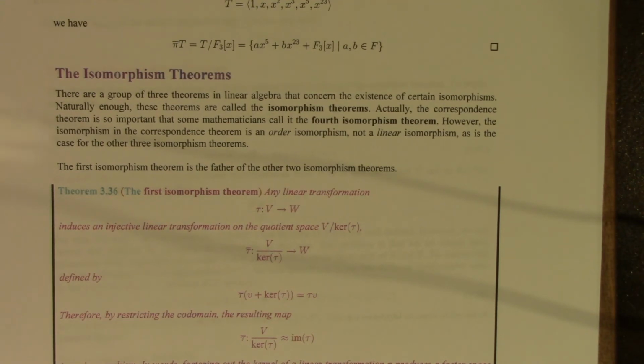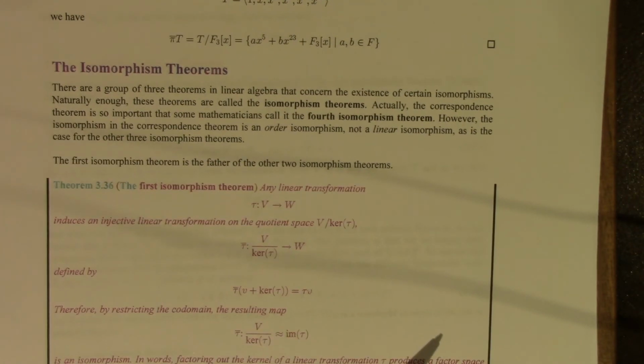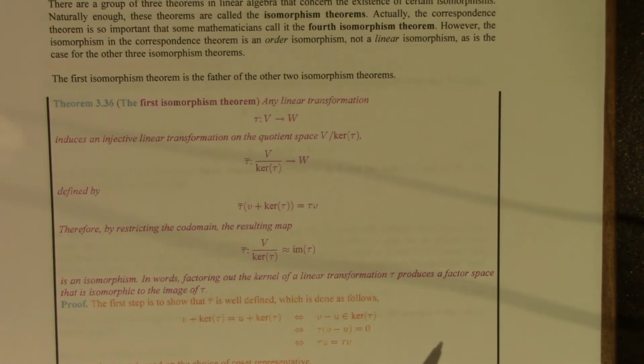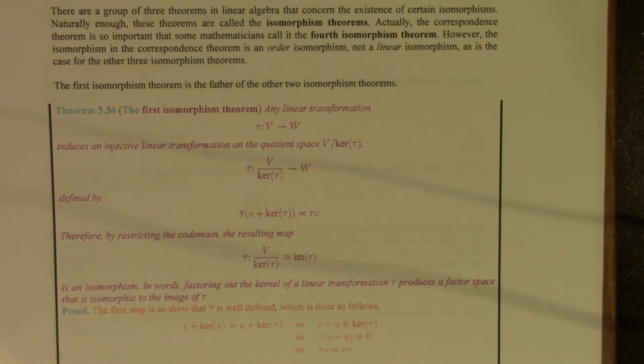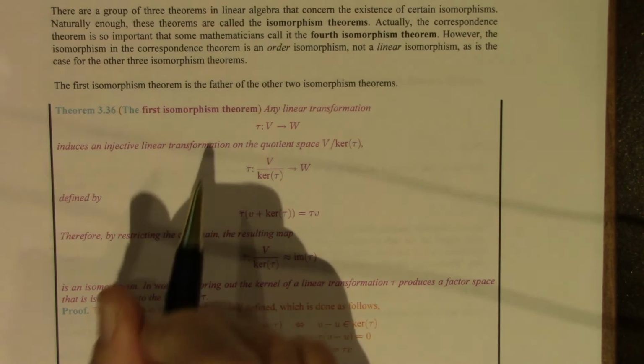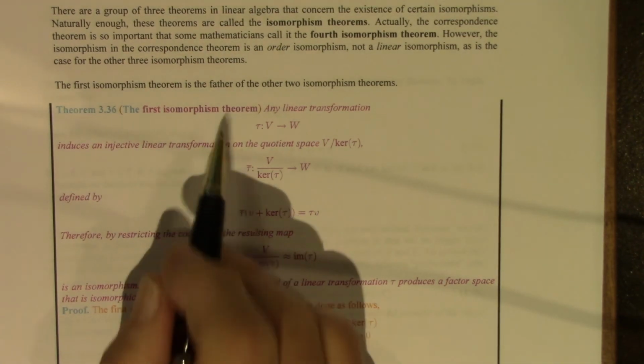And actually the correspondence theorem is sometimes referred to as the 4th isomorphism theorem, although, as I said, the correspondence theorem concerns an order isomorphism as opposed to linear isomorphisms. The first isomorphism theorem is actually the father of the other 2. And it goes like this.